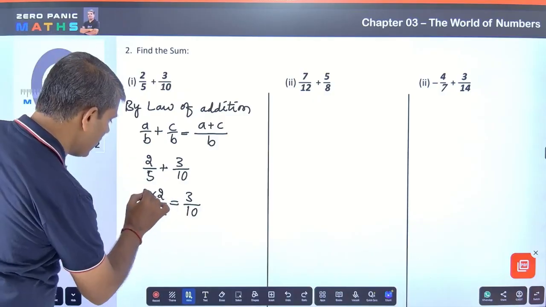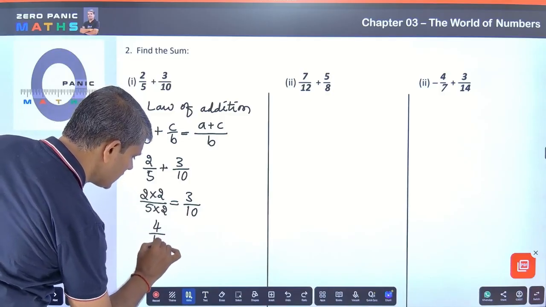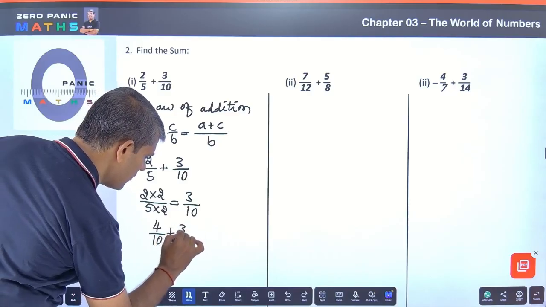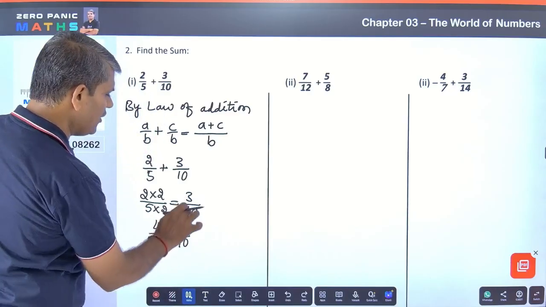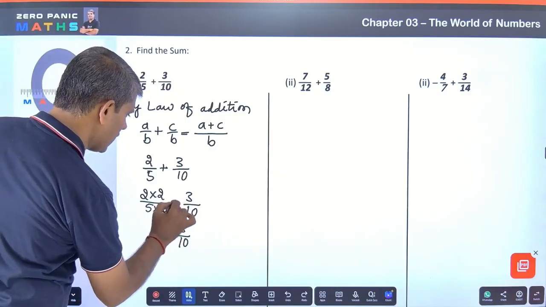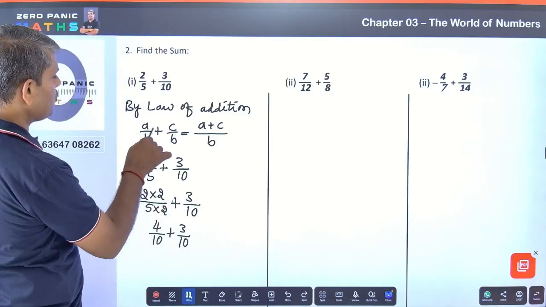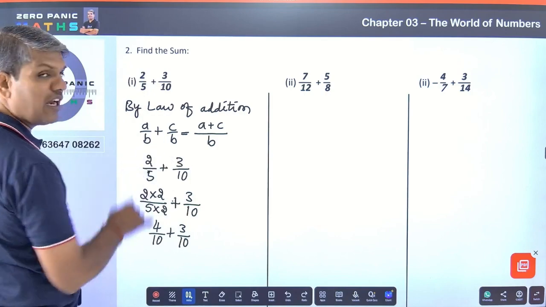Okay, but when you multiply this, what you will get is 2 into 2 is 4, and this is 10, and this is 3 by 10. Correct. I did not make any changes to the second number. Sorry, it is not equal, it is plus. You're doing addition. Now we came to the condition that the denominators are equal.